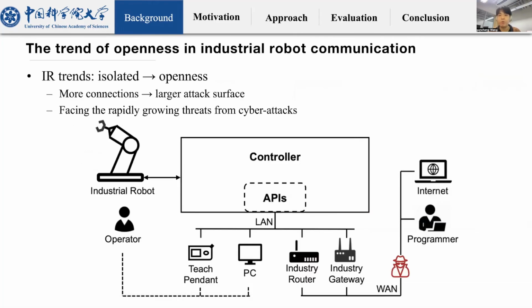When industrial robots were first designed, they operated within a closed local network. Programmers would write the robot programs and the operators would debug them on-site. However, with the increasing openness of industrial environments, industrial robots are now being integrated into enterprise networks and even the Internet. Network users are expected to interact with robots through open interfaces.